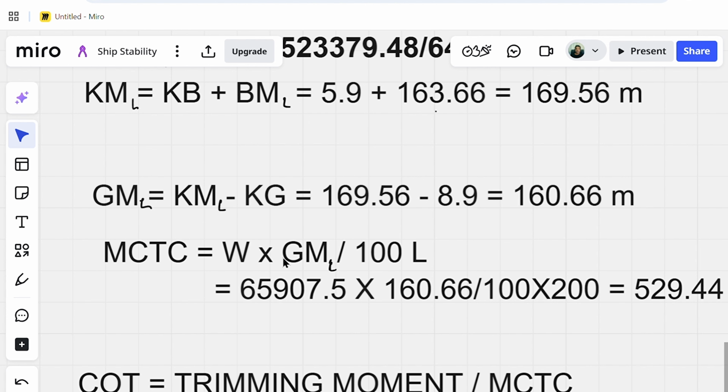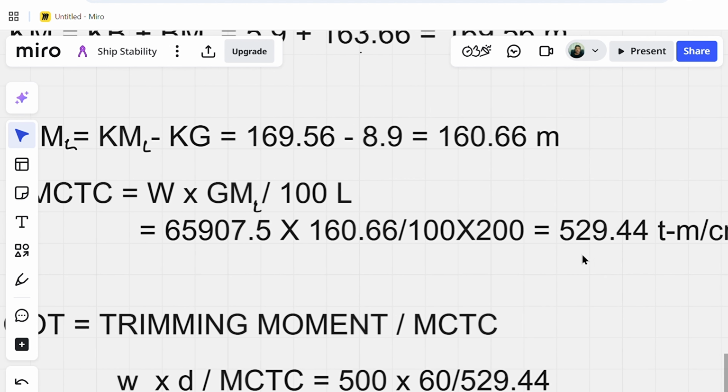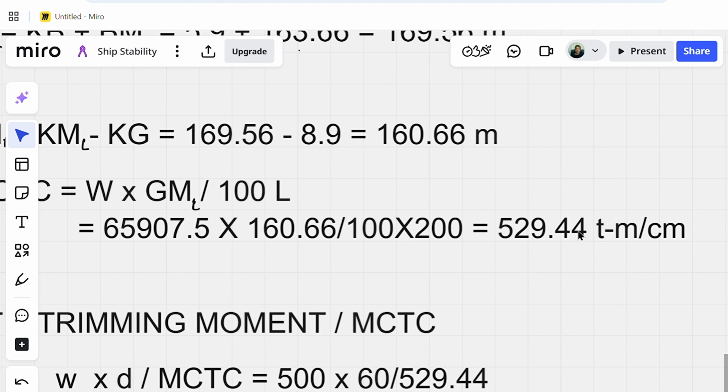Put this value here in the MCTC formula, displacement multiplied by GML upon 100L. Displacement is 65907.5, GML is 160.66, divided by 100 into ship's length, 200 meter. And what we get is 529.44 ton meter per centimeter, MCTC.